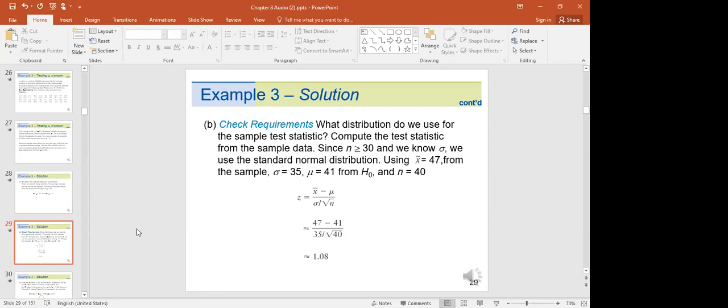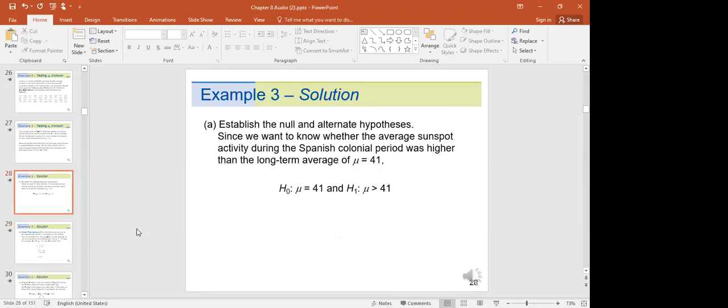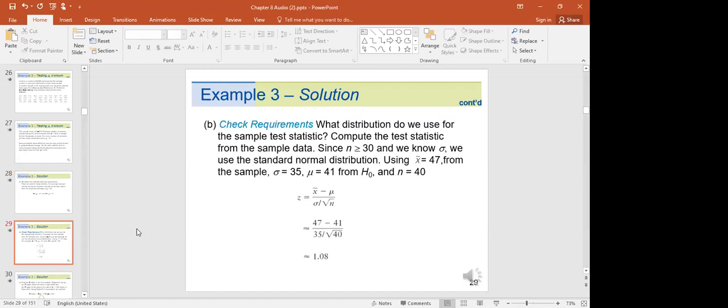So the mu0 here is the value of the mean at H0, which is 41. Then sigma is the standard deviation of the population, which is 35. Now the sample mean, we can see the sample mean here to be 47.